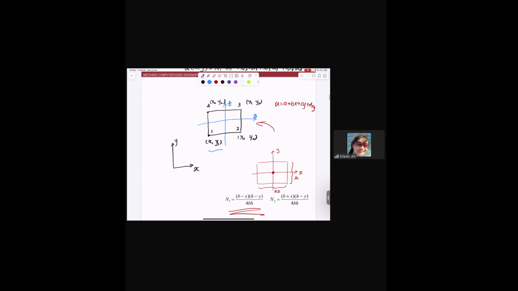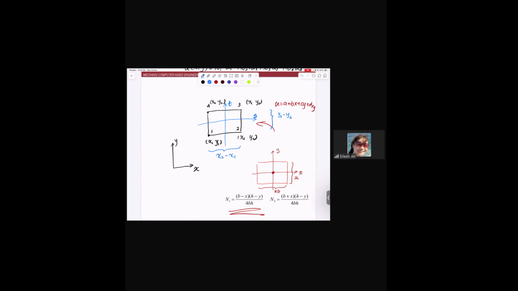What is the width of this element? It's x2 minus x1. And the height of the element is y3 minus y2, right? Of course, you can use y4 minus y1, but you should have the same number.